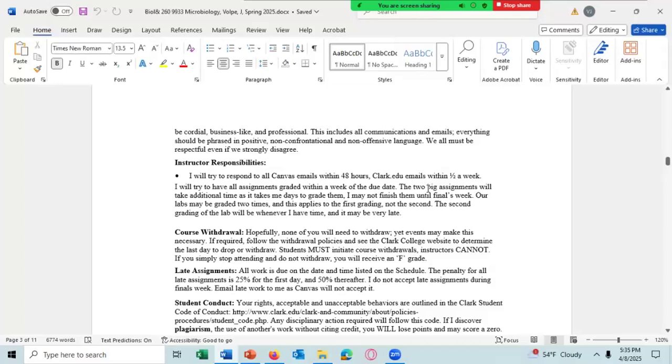Some of our labs may be graded 2 times, and this grading applies only to the first grading of the lab. The second grading of the lab, if it happens, I will do whenever I have time, and that usually will be fairly late and close to the end of the term. Any question about any of that?